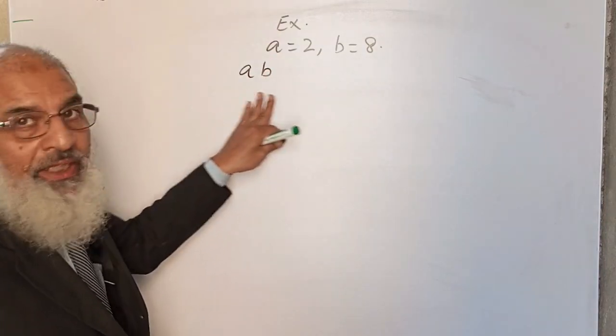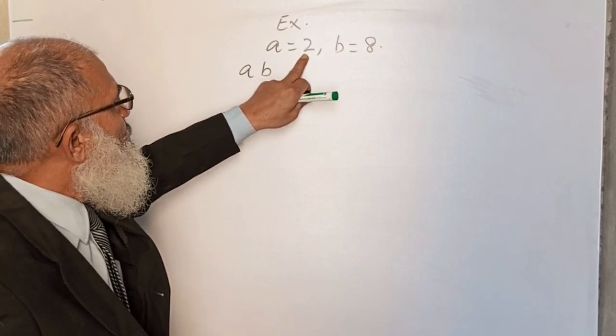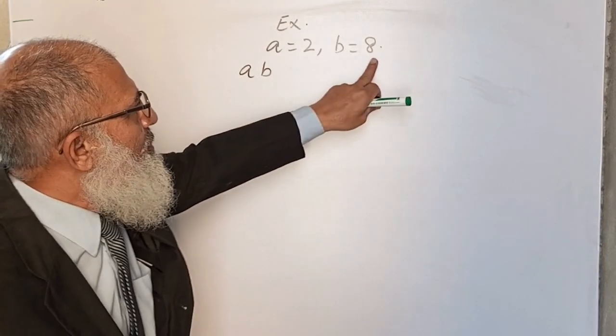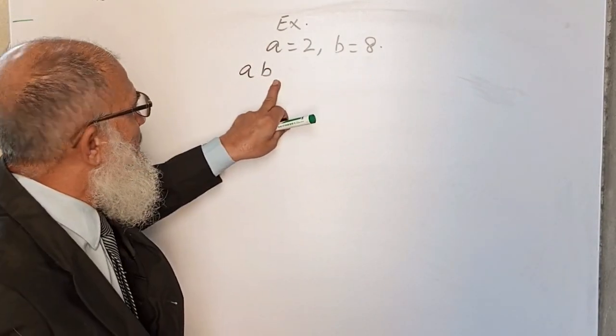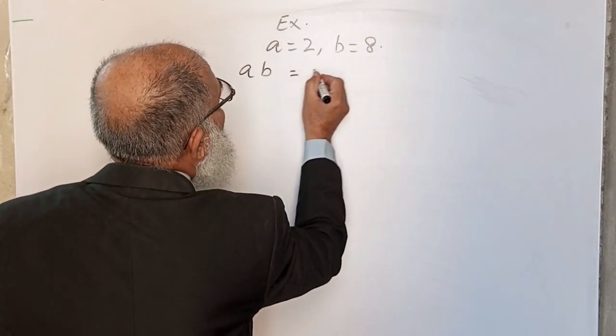This is very simple. We'll substitute 2 instead of a, and 8 instead of b, and we'll get the exact answer.